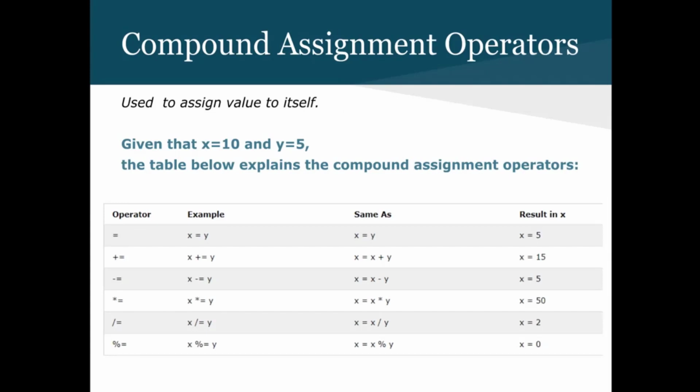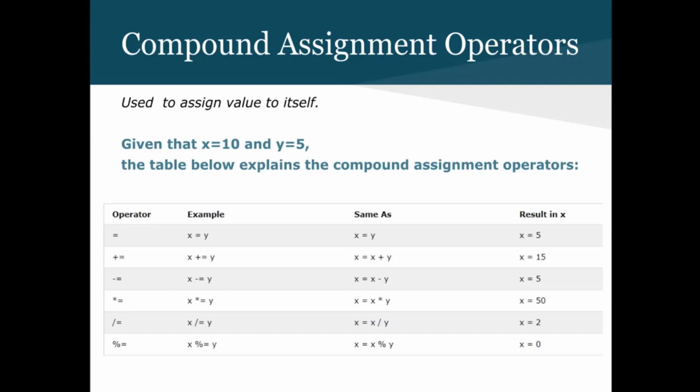Compound assignment operators are used to assign a value to itself. Given that x is 10 and y is 5, the table below explains the compound assignment operators. Our assignment operator just says, assign the value of y to x. X equals y, and the result is x is now 5.